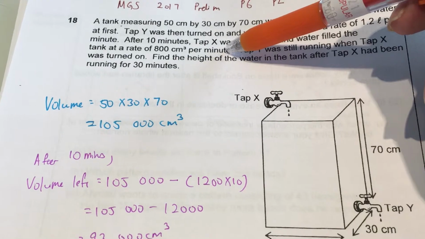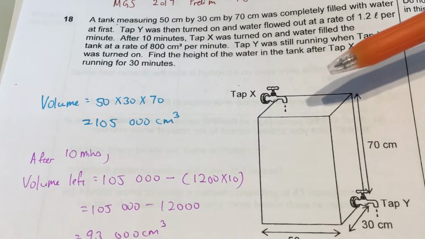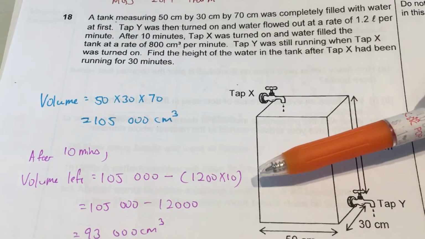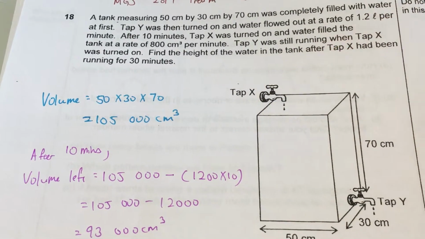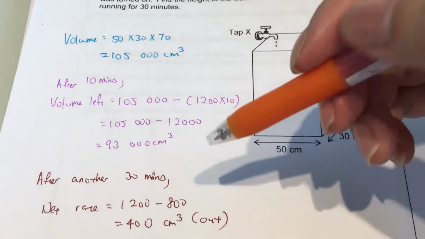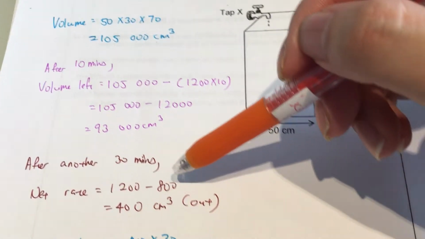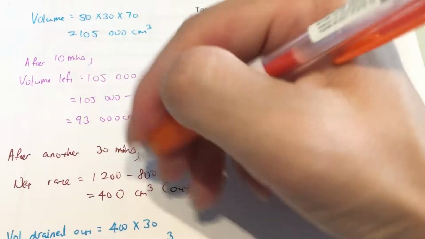So that means there is less water going in and more water coming out, which means the water in the tank is actually decreasing, because the outflow is much faster than the inflow. So we want to find the net rate, which is 1200 minus 800, which will give you 400 cm cube per minute.